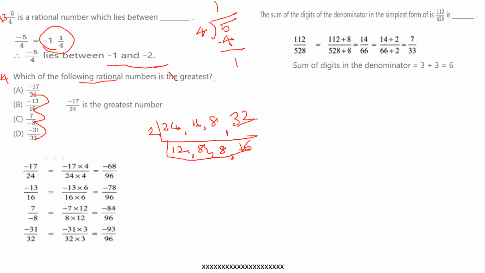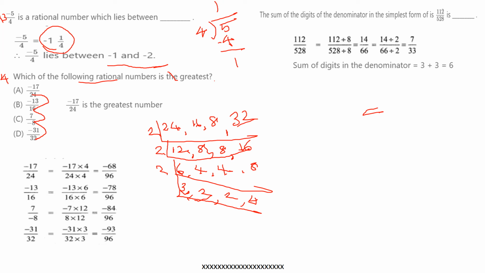Again 2. 6 2s are 12. 4 2s are 8 and 4 2s are 8. 8 2s are 16. Again 2. 3 2s are 6. 2 2s are 4. 4 2s are 8.